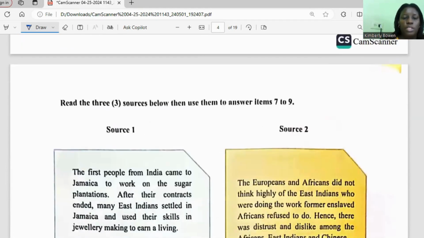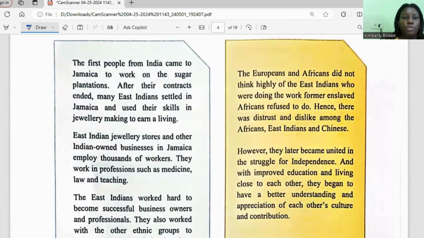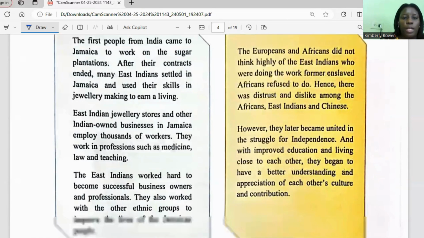Read the three sources below, then use them to answer items 7 to 9. The first people from India came to Jamaica to work on the sugar plantations. After their contracts ended, many East Indians settled in Jamaica and used their skills in jewelry making to earn a living.